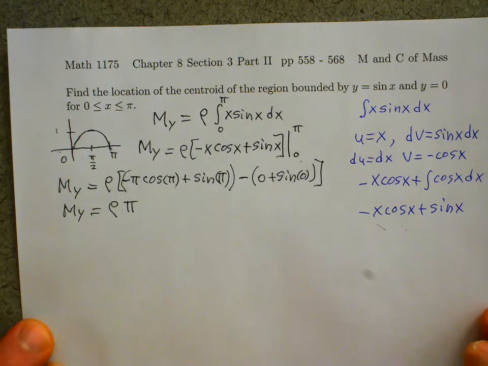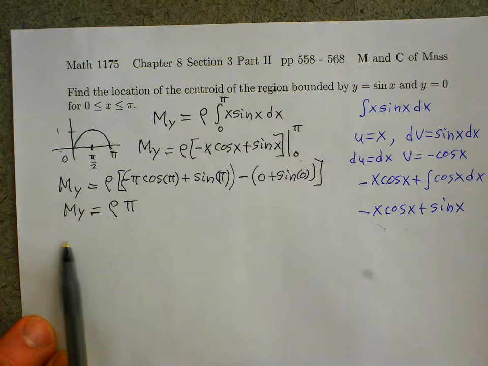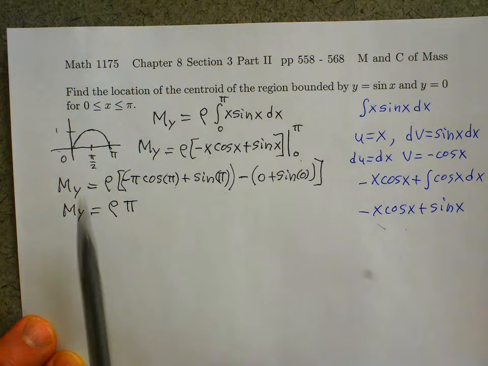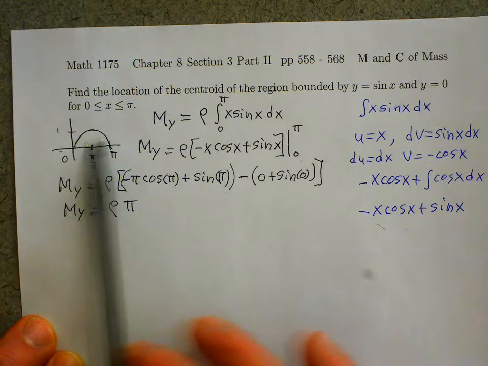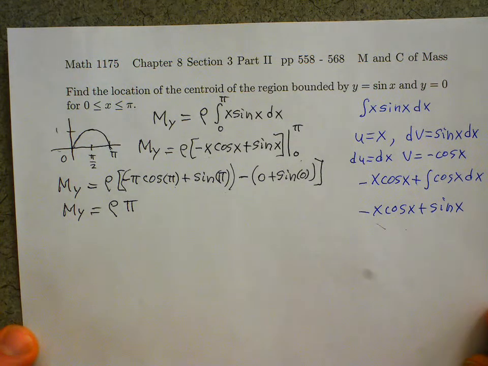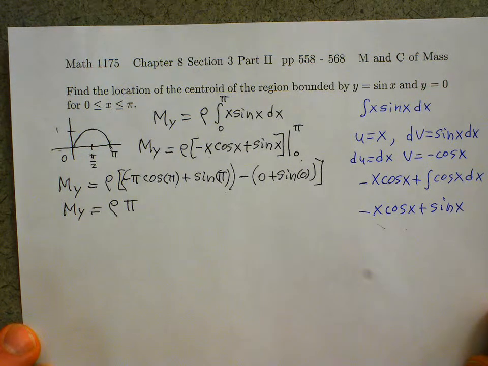Okay, let's go ahead and find the moment of the region about the x-axis, and then after we found that, we'll find the mass of the region and find the location of the centroid.